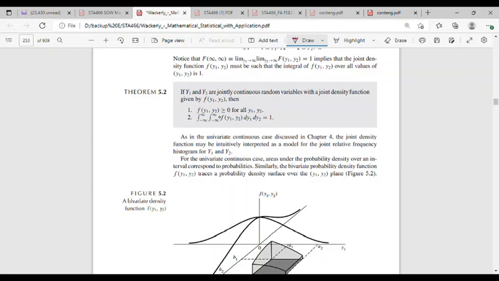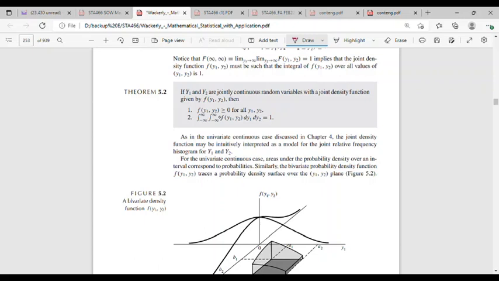That means the probability of the pair of Y1 and Y2 cannot be a negative value. The second property is that the double integration of the joint PDF of Y1 and Y2 should be 1.